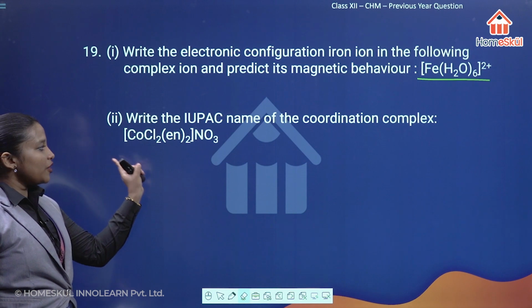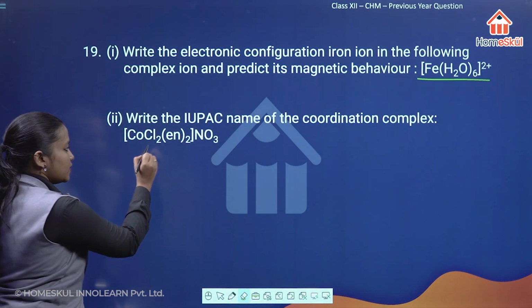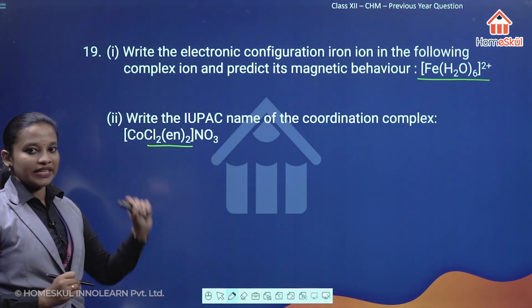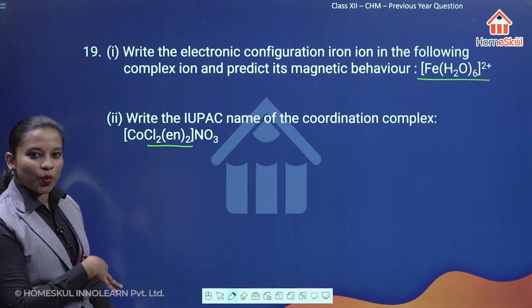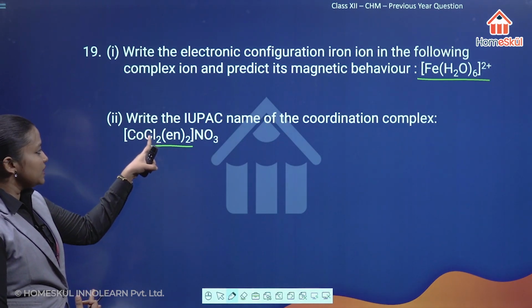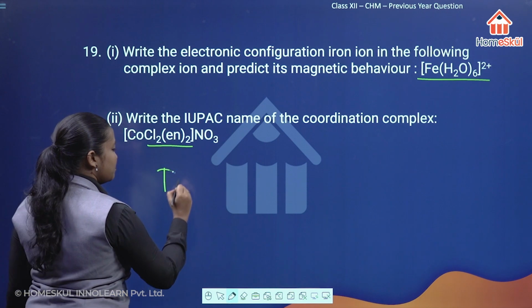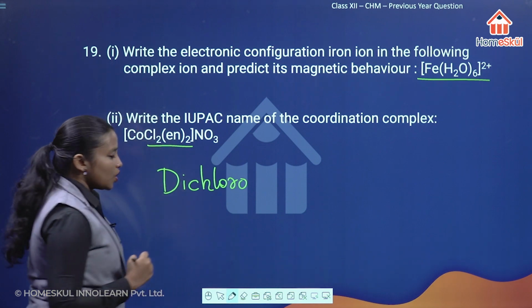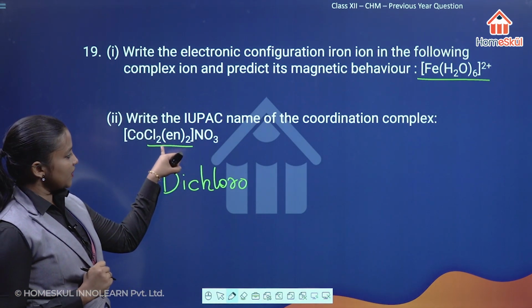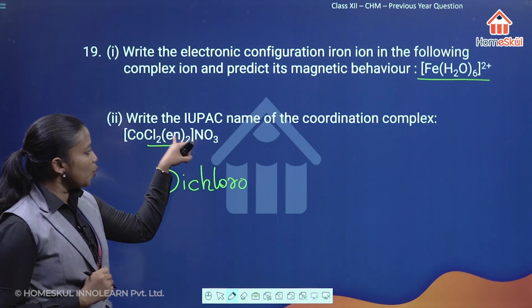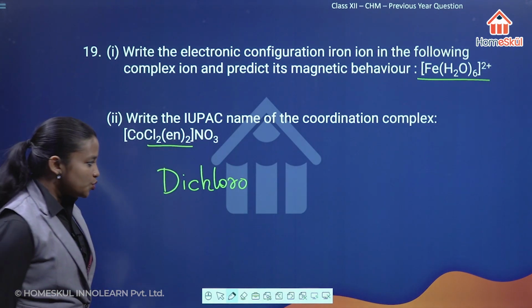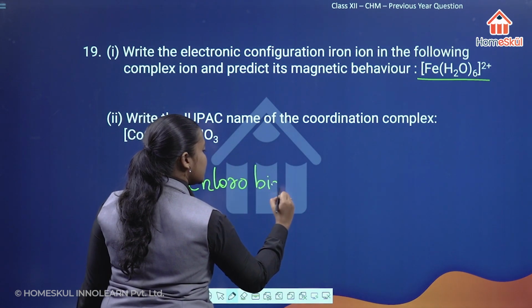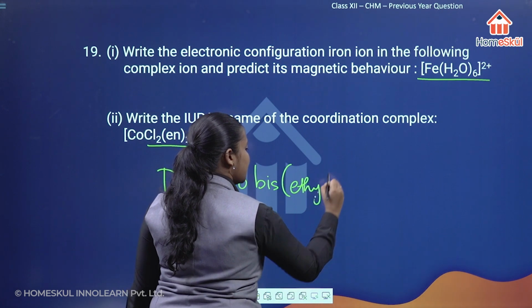Okay. Here, we have to find the names. The first one, we have to name the ligands. Here, chlorine and ethylene diamine. So, based on alphabetic order, we have to name the chlorine first. So, let's write the name. Dichloro, and then we have 2 ethylene diamine here, so bis(ethylene diamine).